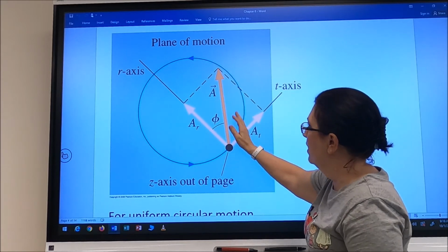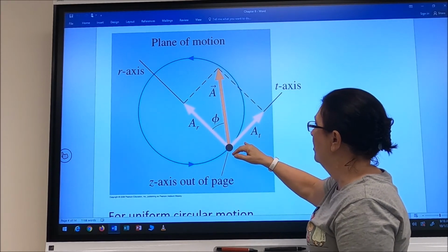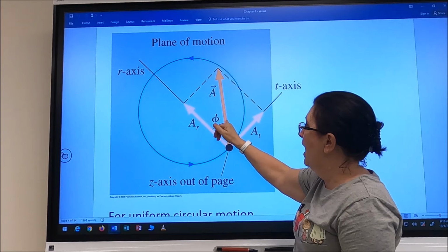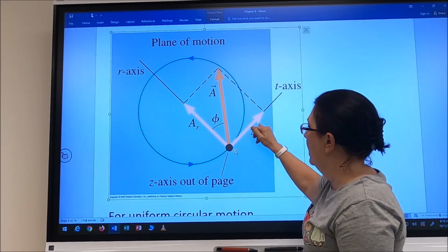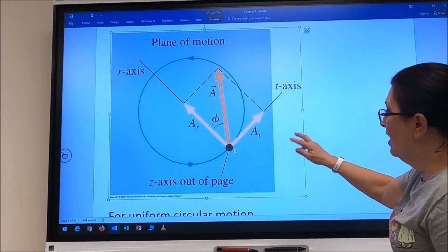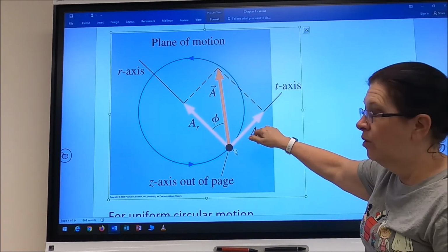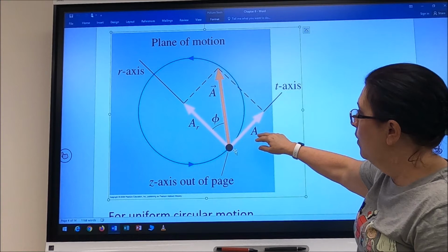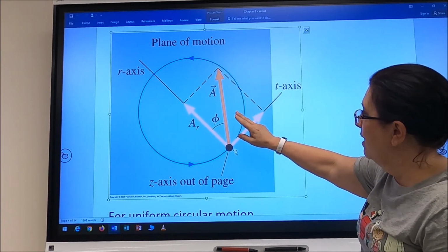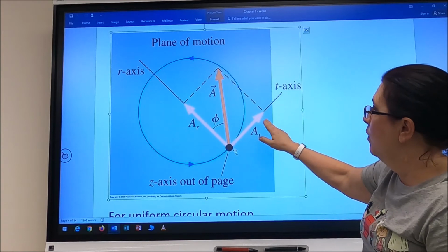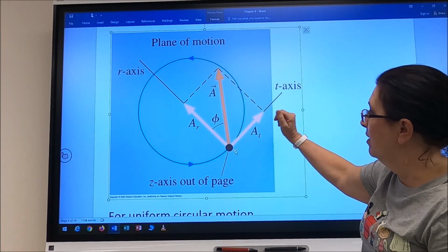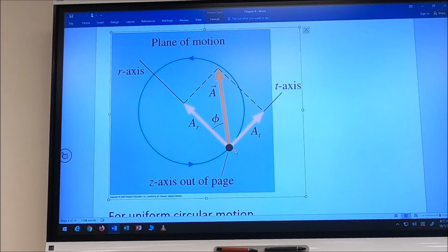If I have an a vector here in the RTZ coordinate system, then based on angle phi, it's got an a sub r component and an a sub t component. We'll see that come into play when we have non-uniform circular motion happening, where we're going to have a centripetal acceleration and a tangential acceleration.